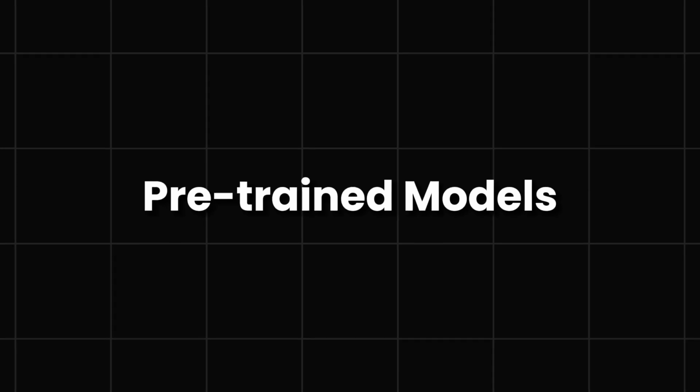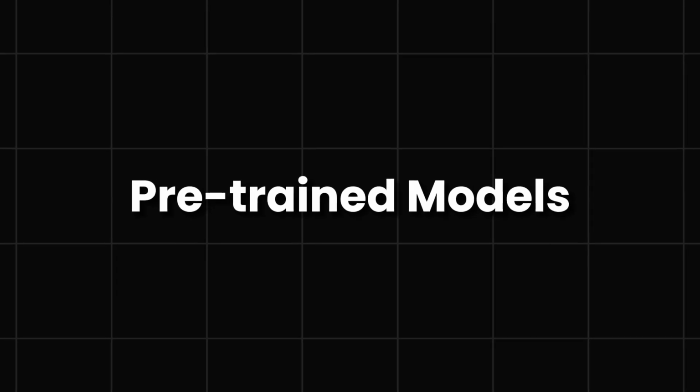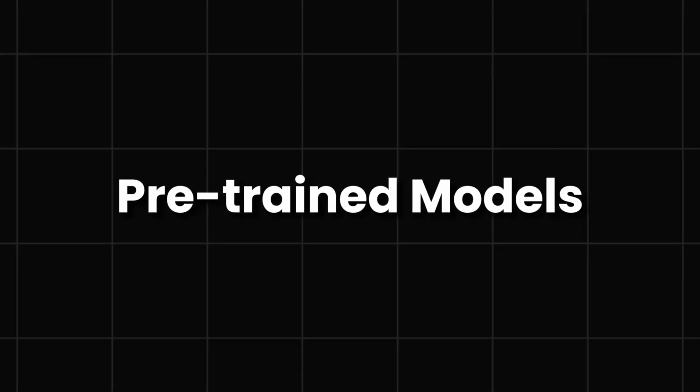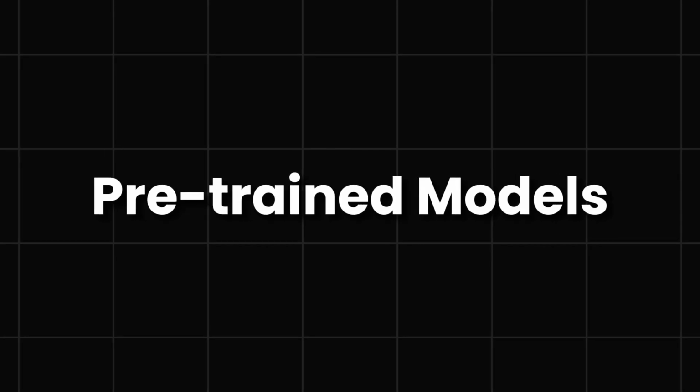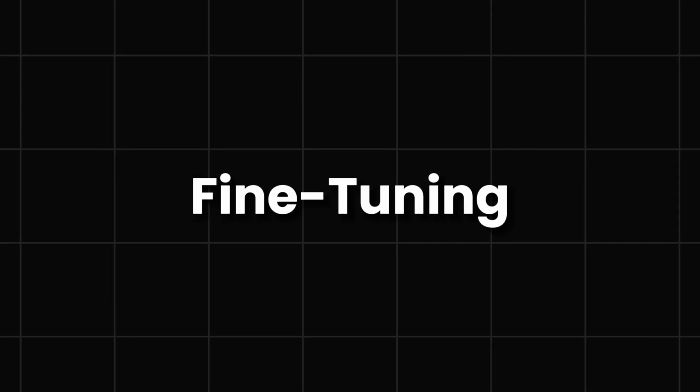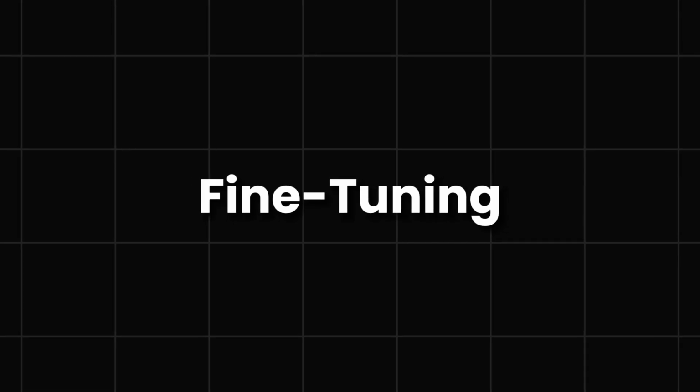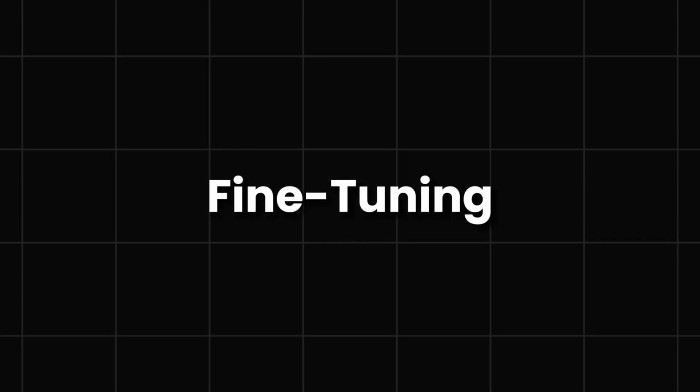These are models that have been initially trained on large general datasets, for example, BART and GPT, to learn general features or representations. So then we fine-tune this, and this is the process of further training these pre-trained models on a smaller task-specific dataset to adapt them to a particular application.